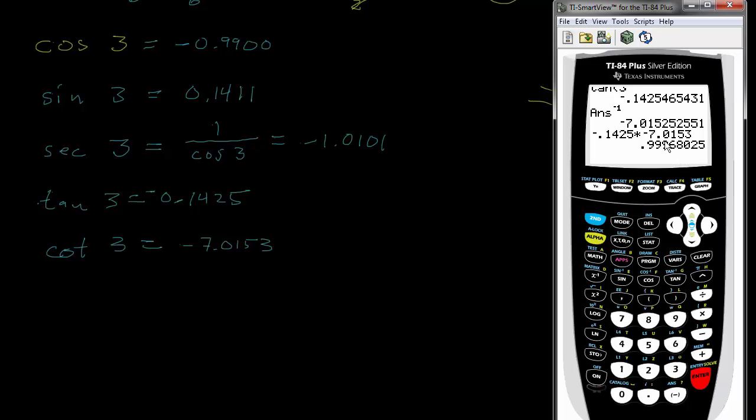I've rounded, so I'm not getting exactly 1, but I'm getting 0.9999 when multiplying. So that's how you do all your trig functions on your calculator on arbitrary numbers. We'll end there.